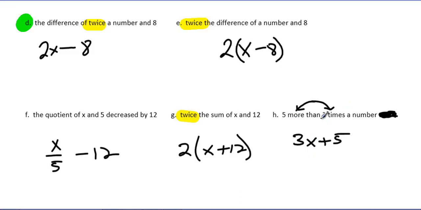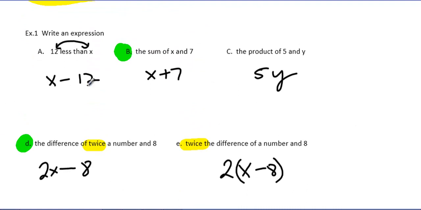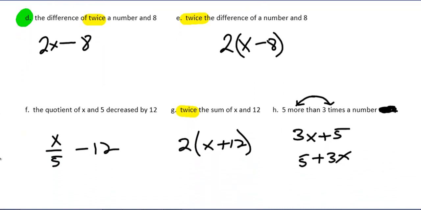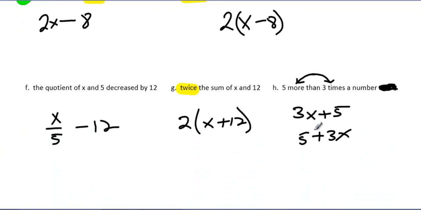However, because more than is addition, it is okay to have this. But again, we want to get used to seeing it all the time because, as we saw earlier, it is not okay to have this like this. This is wrong. It's not okay in subtraction to switch the order if it's not needed. But in addition, it is okay to have it either way. So be careful with that. We'll get more practice with this in class. See you tomorrow.